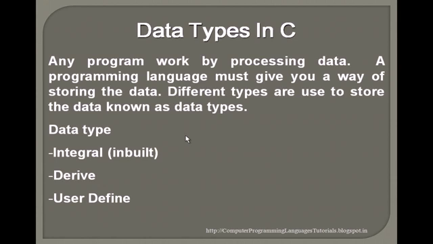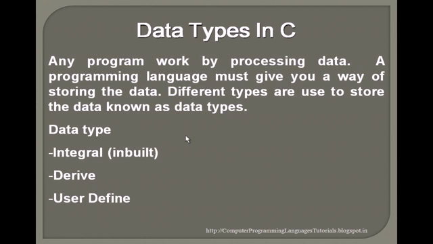A programming language gives you a way of storing the data, but here different types are used to store the data. Why? Because if you want to store information of a student, it has a different set of values: roll number is an integer, name is alphabetical, percentage is a fractional number.